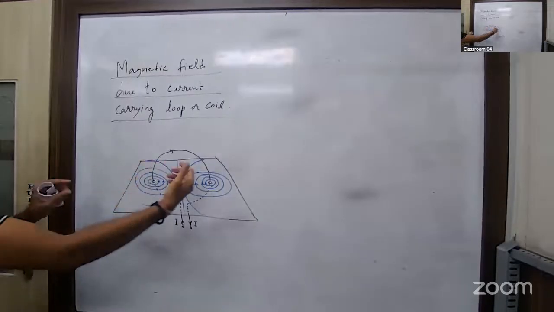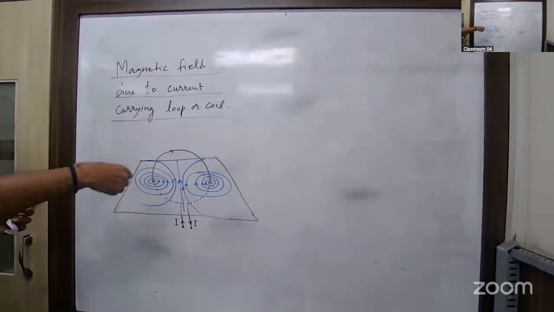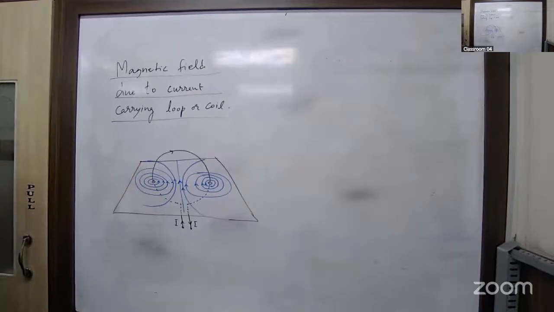So if I turn the table by 90 degrees like this, वो diagram तुम्हारे book में दिखा है. The diagram shown in your book is the cross section of the coil. Okay. So to understand it from this, it becomes a little difficult. So this is better.